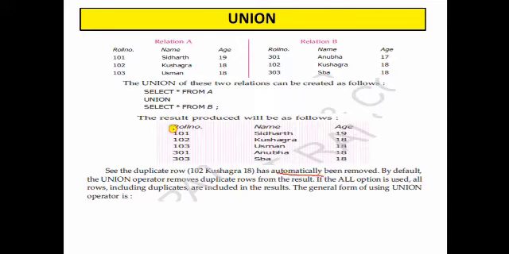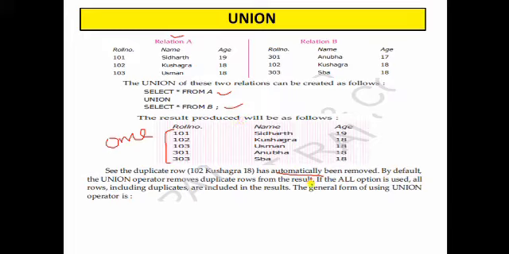By default, if a duplicate row appears in the first query and also in the second query, it will be shown only once. I hope it is clear. By default, the union operation shows the duplicate row only once.